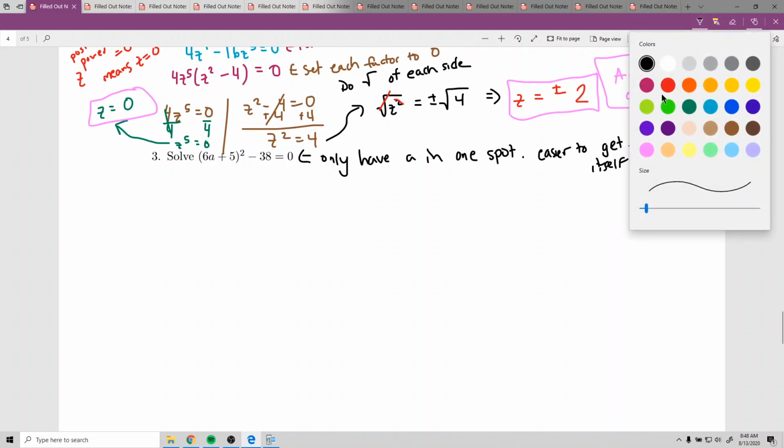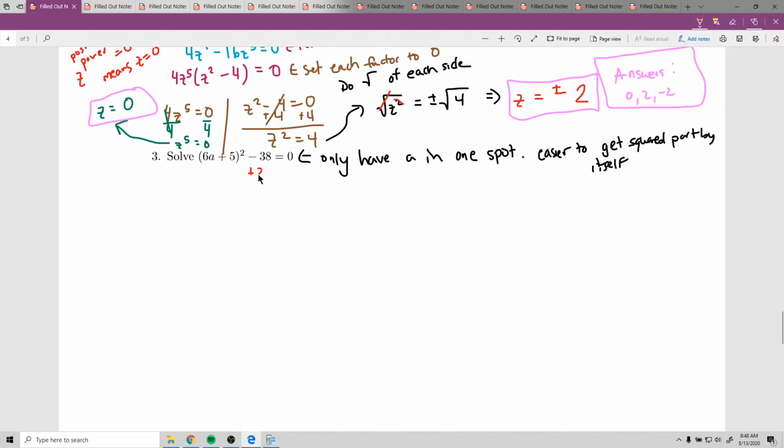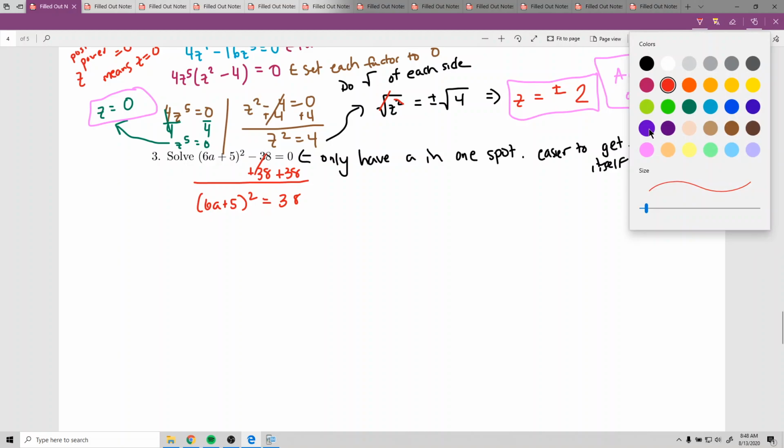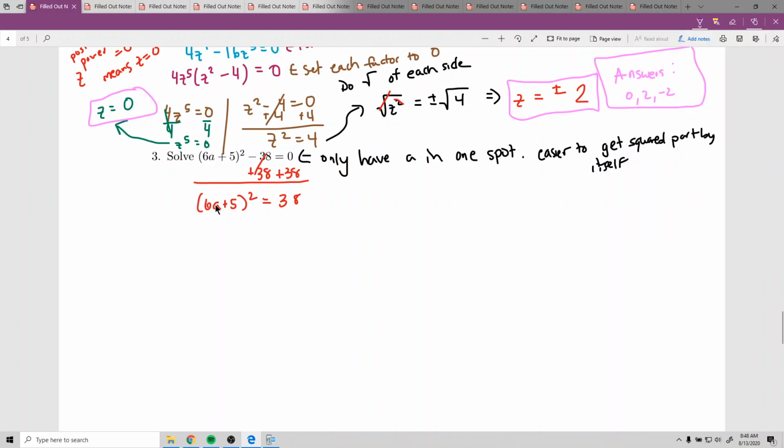All right, so let's go ahead and do exactly that. I'm going to add the 38 to each side. We got 6a plus 5 squared equals 38. And now you can do the square root of each side because the entire thing is squared.